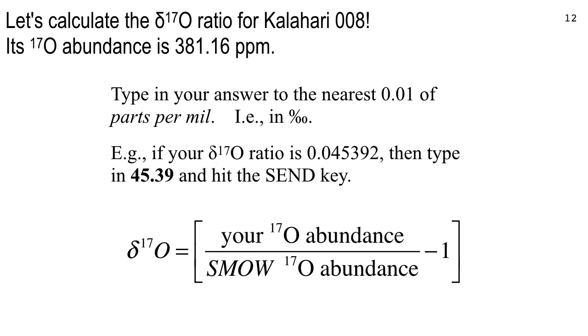So get your ratio, go to percent, and then go to per mil, and then give me 2 decimal points of per mil. So if you have like 0.045392, then type in 45.39. And then hit the send key.